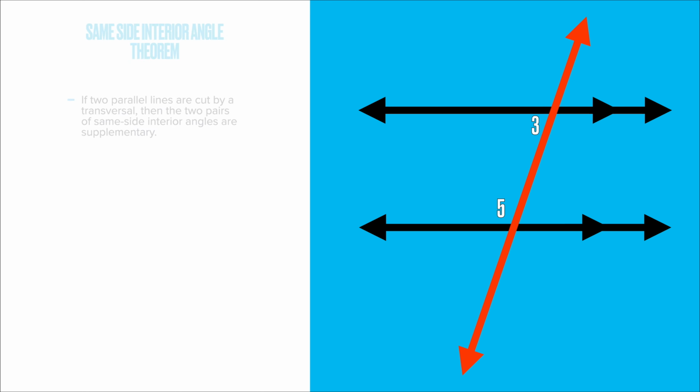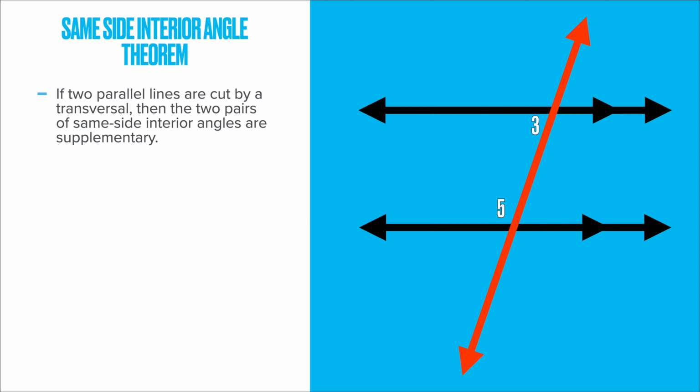So now let's look at the same side interior angle theorem. If two parallel lines are cut by a transversal, then two pairs of same side interior angles are supplementary. You can tell that these are supposed to be supplementary because, and I know this isn't good math, you can kind of tell angle 3 is acute and angle 5 is obtuse. Is that always going to be the case? No, and that's the point I would make if you tried to say you didn't have to do the math.